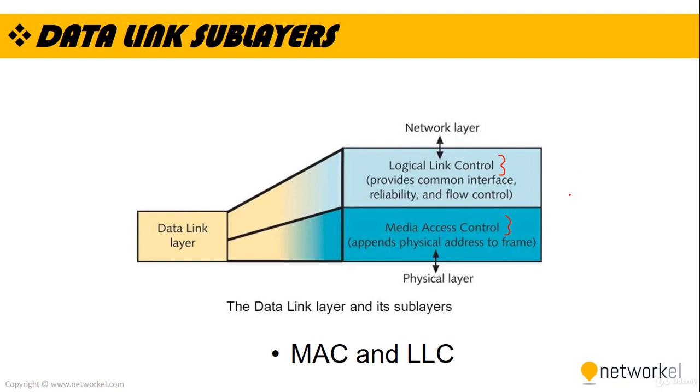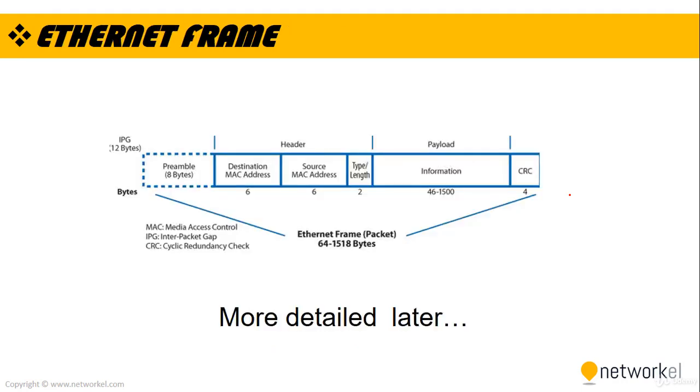While LLC is responsible for handling multiple layer 3 protocols like multiplexing and demultiplexing, and the link services like reliability and flow control, the MAC is responsible for framing and the media access control for broadcast media.